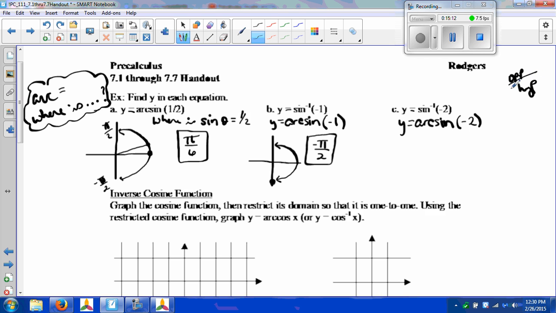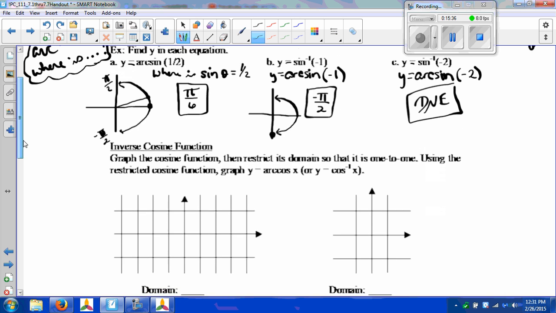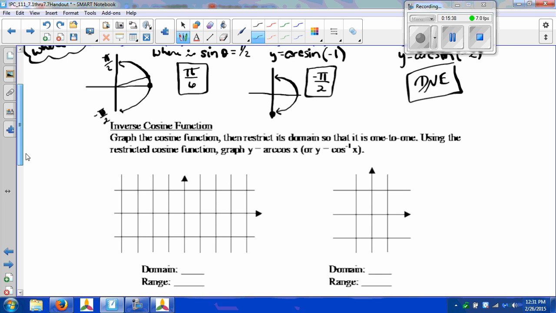The hypotenuse is always bigger, so this is always going to be a proper fraction, which means it can never get bigger than 1, or its magnitude can never be larger than the magnitude of 1. So it can never be on the other side of -1 either. So this does not exist. And if you just think about your unit circle, you know this also, because the radius of a unit circle is 1. So that's as big as your y value can get.